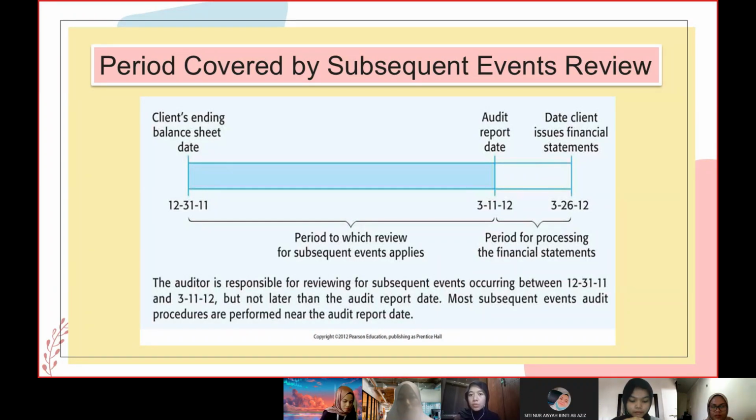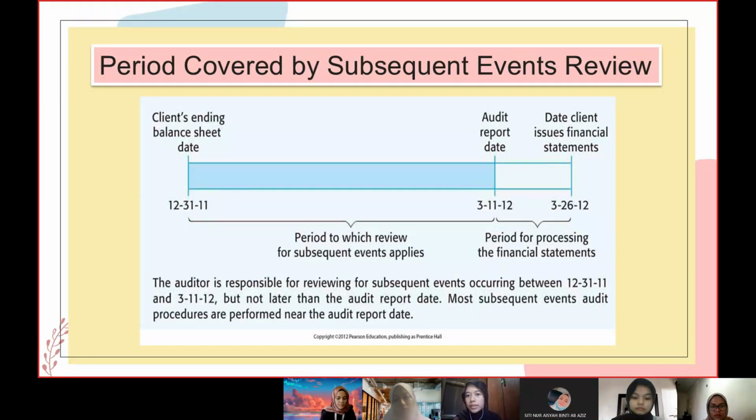Okay, in this diagram we will see how to determine the date of a subsequent event that we need to know. As you know, subsequent events are an important thing for the auditor to know. The auditor is responsible for reviewing subsequent events occurring between 31st December and 3rd November, but not later than the audit report date.